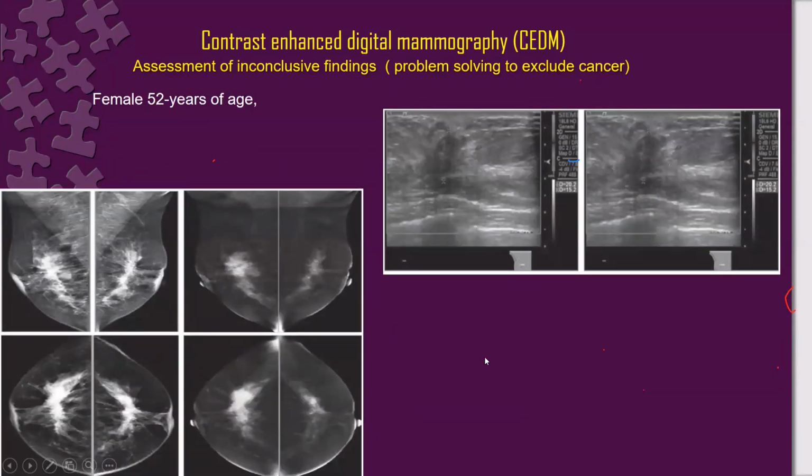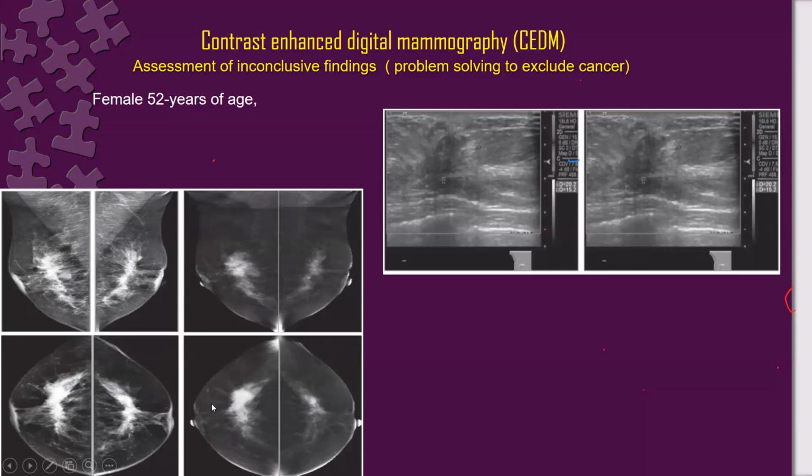Can you tell me what is going on in this case? Any volunteers? What is the difference between these? The right is digital mammo, the left is contrast.